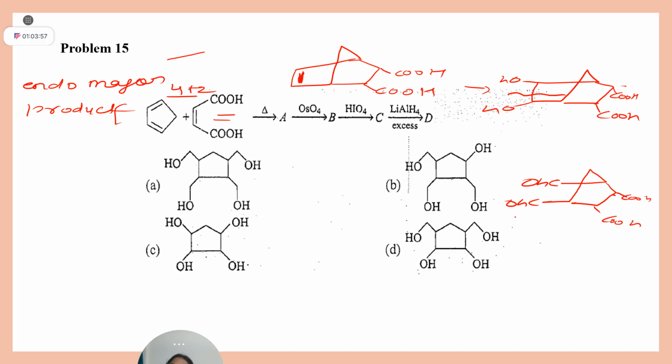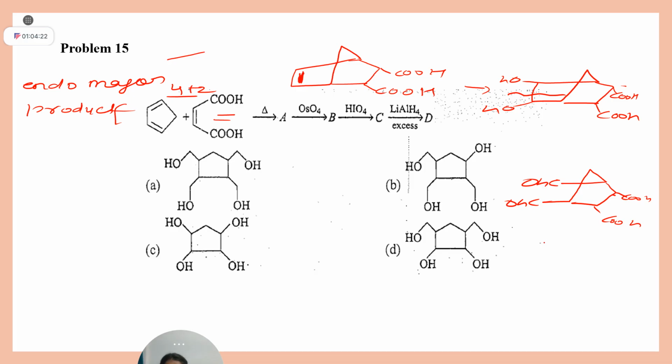Right? If I'm not wrong. And then excess LAH, which will reduce everything, and you will be getting one, 2, 3, 4, 5. COH, COH, everything will be CH2OH, CH2OH, CH2OH, if I'm not wrong.